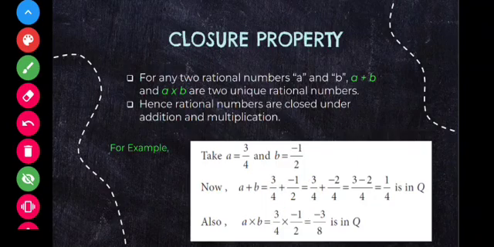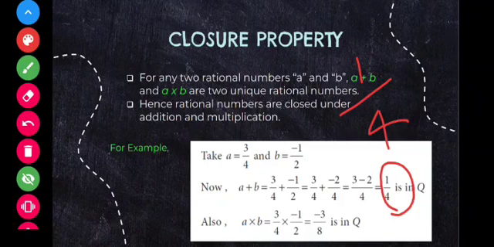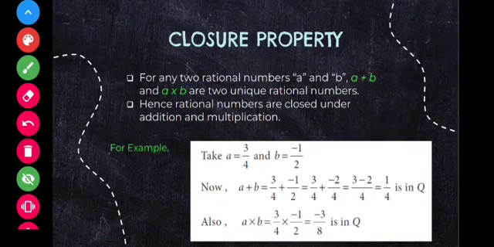After adding, we get the answer 1 by 4. 1 by 4 is also a rational number. Same way for multiplication, we multiply 3 by 4 and negative 1 by 2, we get minus 3 by 8, which is also a rational number. So closure property means, if you add two rational numbers, the answer should also be a rational number. Same way, if you multiply two rational numbers, the answer should also be a rational number.